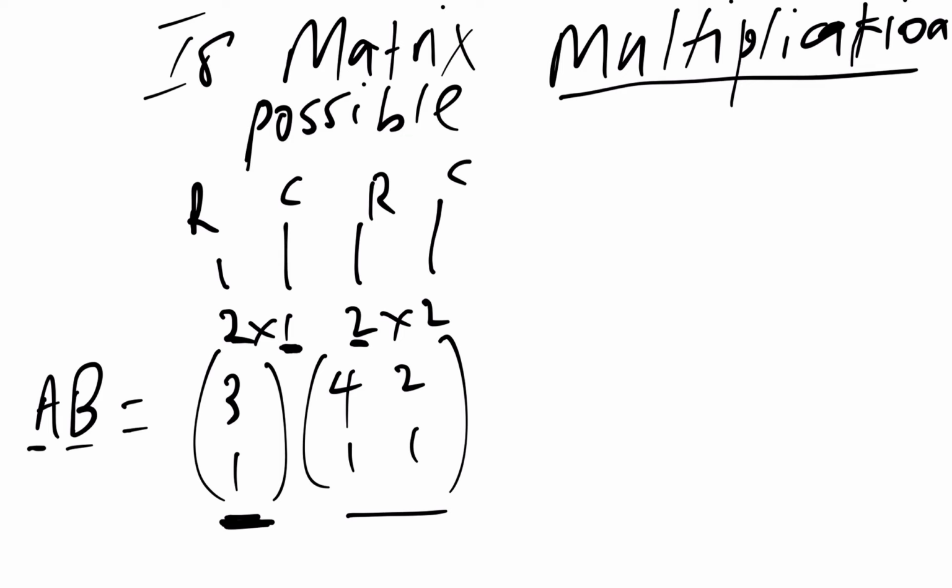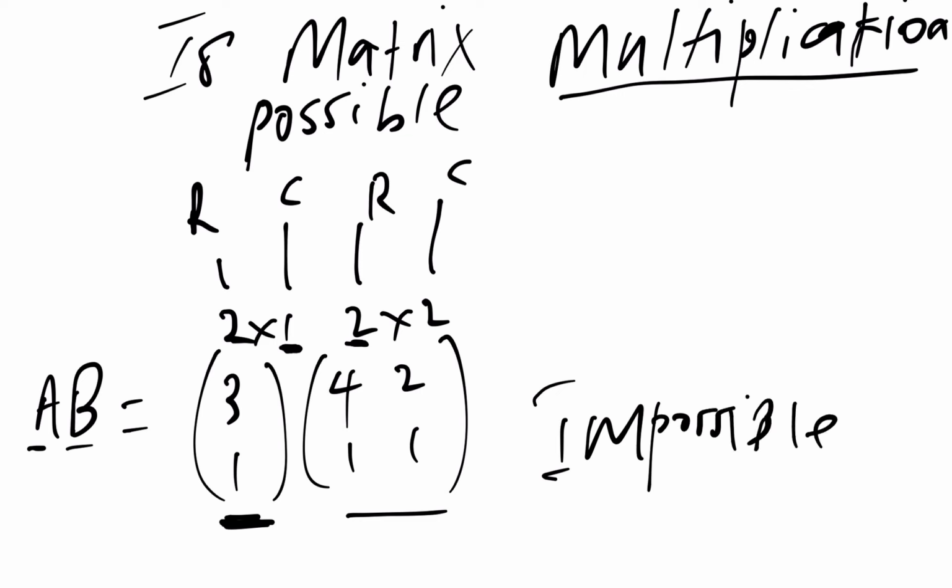They should be equal. In this case, matrix A has 1 column, whereas matrix B has 2 rows. So matrix multiplication is impossible.